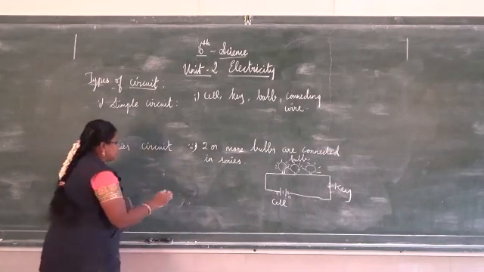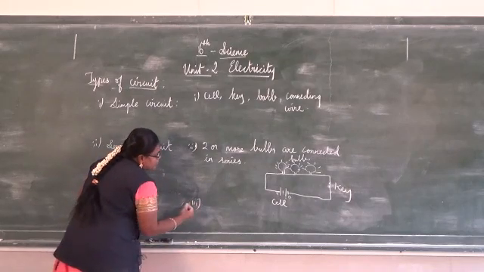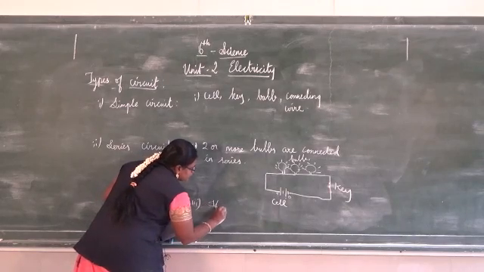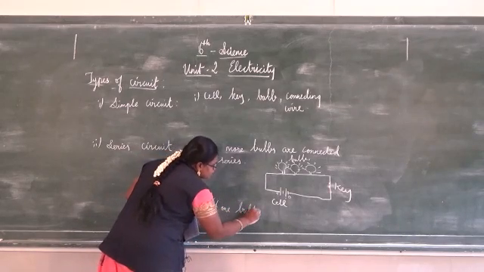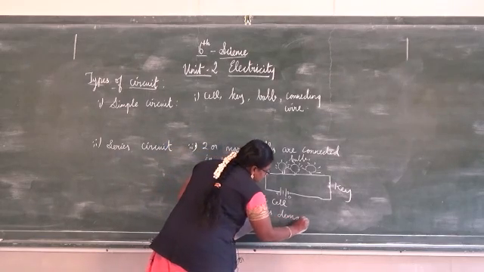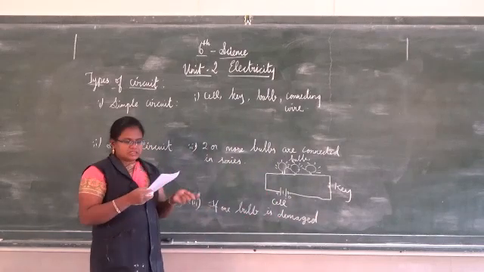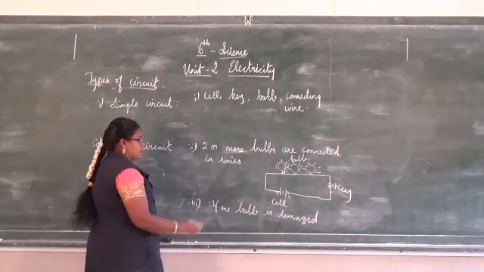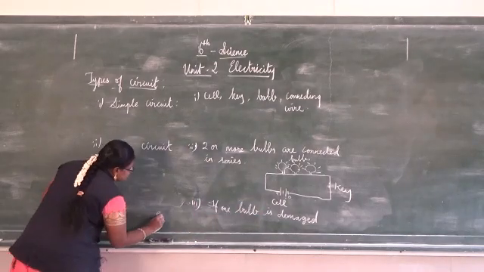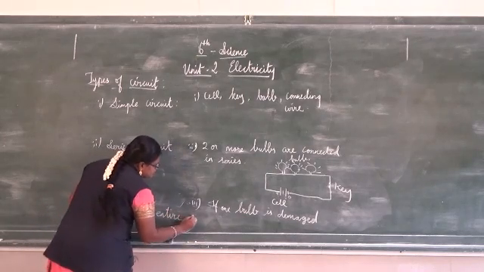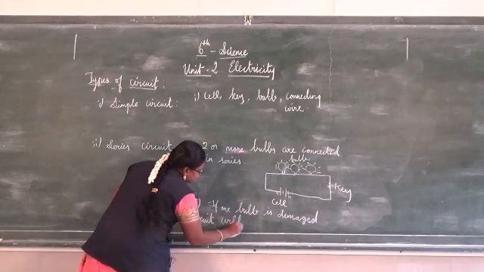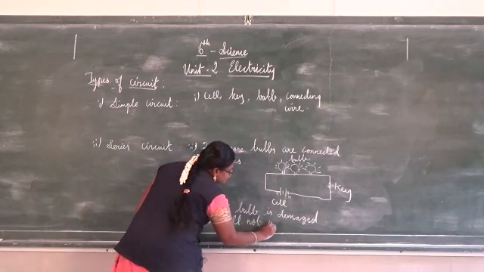This is the circuit diagram for the series circuit. Then what have they given? The next point: if one bulb is damaged or disconnected, the entire circuit will not work.